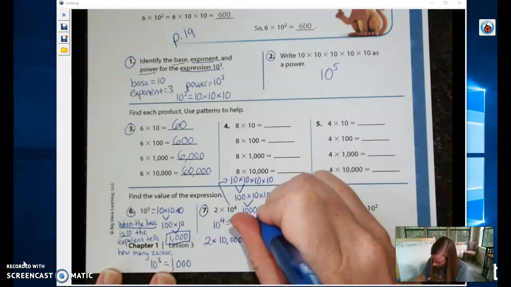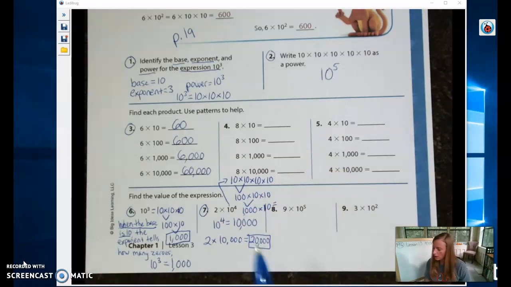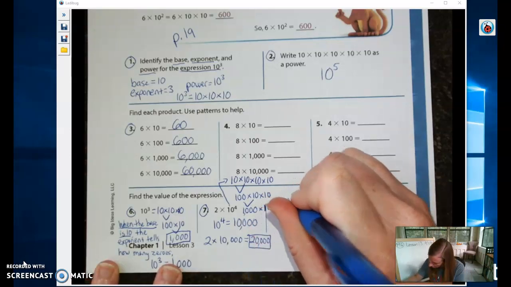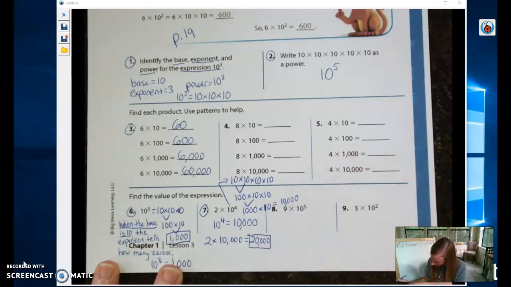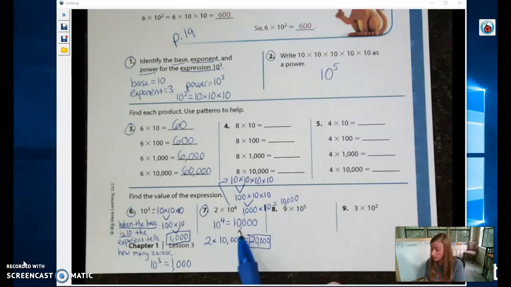So that's 1,000 times 10. 1,000 times 10, we take our 1,000 and add one more 0. Check it out. We end up with 1 followed by 4 zeros, just like when we used our shortcut.